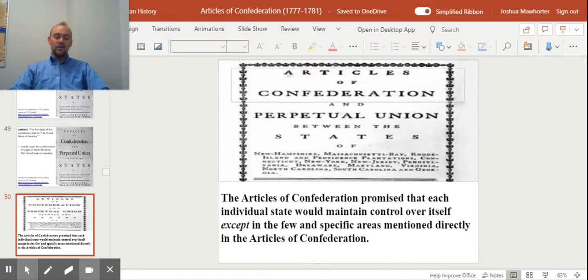Unlike the unwritten Constitution of Britain, of England, the unwritten English Constitution, which is a tradition of law and court decisions and a different amalgamation of those things, which develops into this kind of unwritten constitutional law theory, the Americans had a desire within their states, with the Articles and with the later Constitution, of having a written plan and contract mandating the rights and responsibilities of the parties involved.